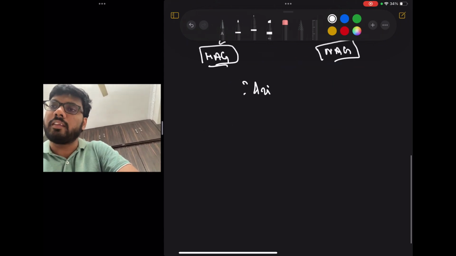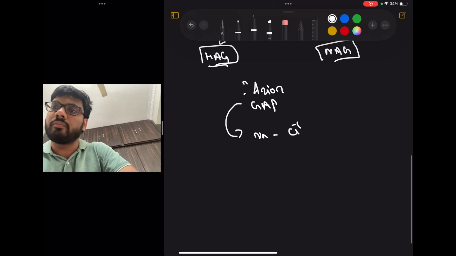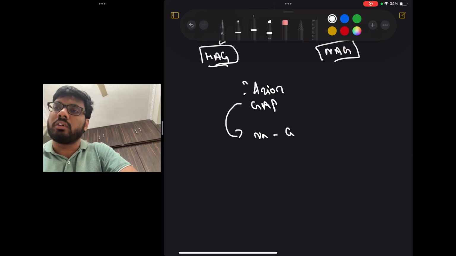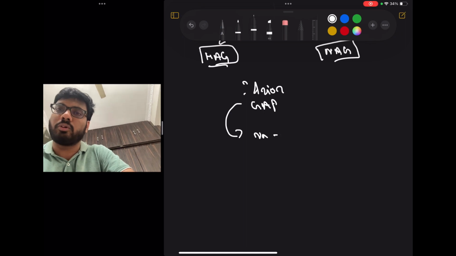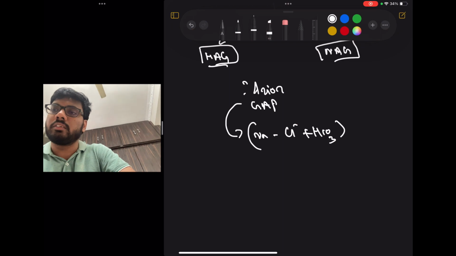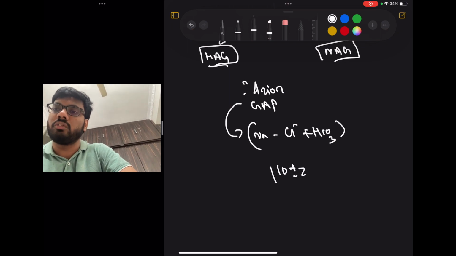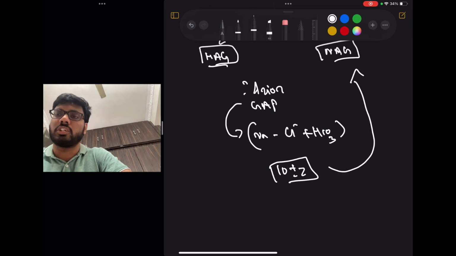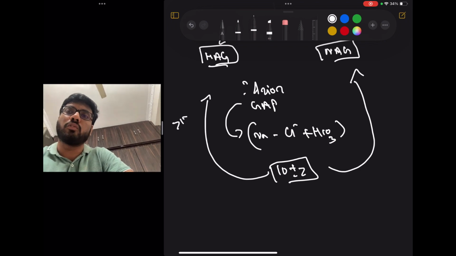The formula is sodium minus chloride plus bicarbonate. This value should be 10 plus or minus 2. If it is in the range of 10 plus or minus 2, we call it normal anion gap metabolic acidosis. If it is more than 12, we call it high anion gap metabolic acidosis.